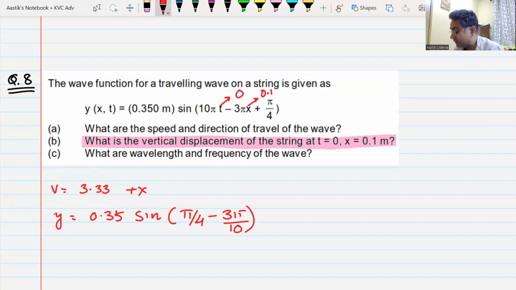Okay. What is the wavelength and the frequency of the wave? I gave you so much time and you could not calculate. 2 by 3 meters, sir. 2 by 3 meters. Frequency f. Frequency is 5 hertz.